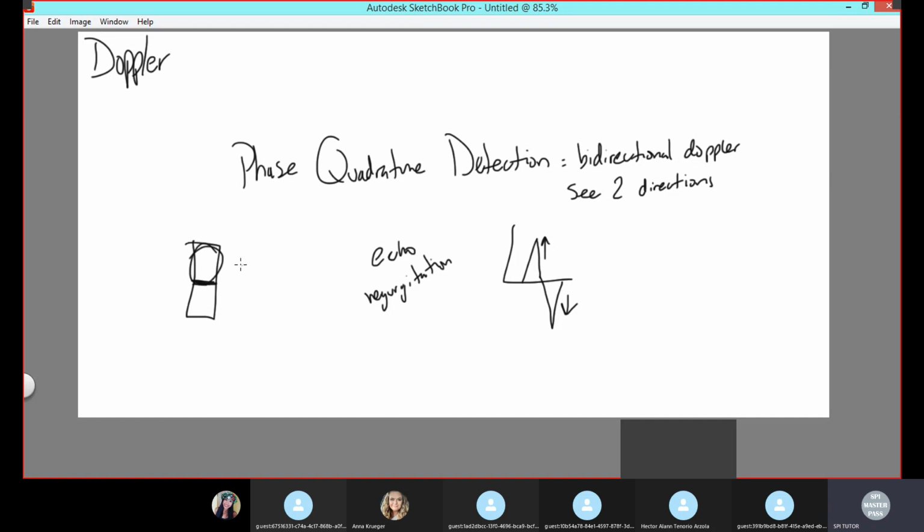But you know that this color up here is towards you. So if you see that color, you're happy. But all of a sudden you see that color, and then the next second you see this color. Well, the fact that you can see both tells you that you can see two directions. Okay, so they just want you to know this term. That's all, nothing else.